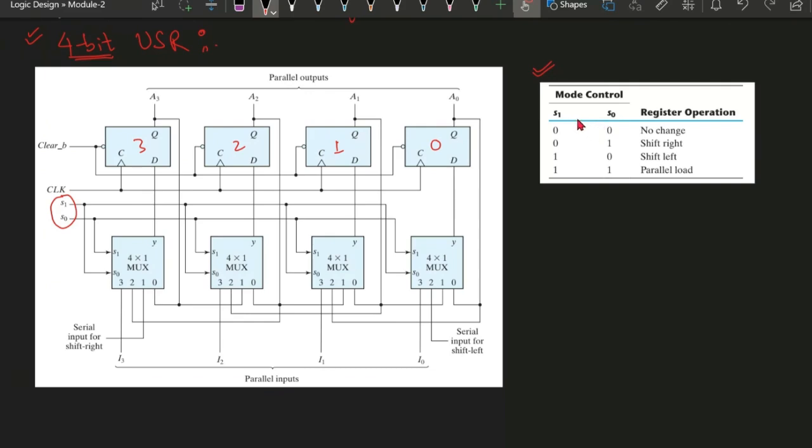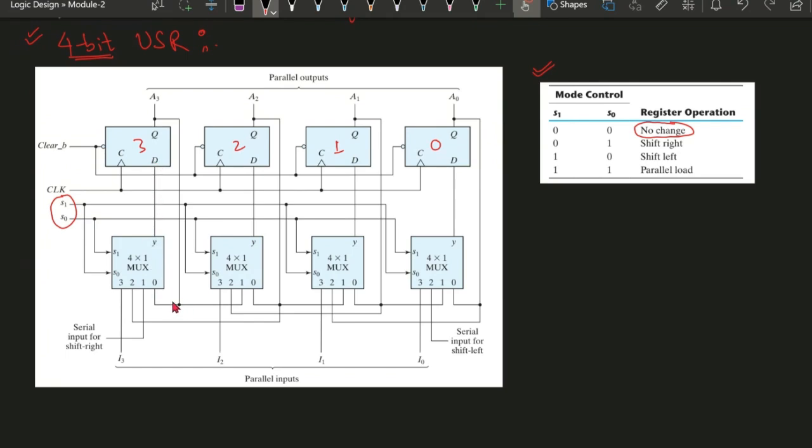When S1 and S0 are 0, 0, there is no change, meaning no operation. In that case, whatever is the input at the I0 pin will be placed at the output Y, and now this Y will be given to this D.